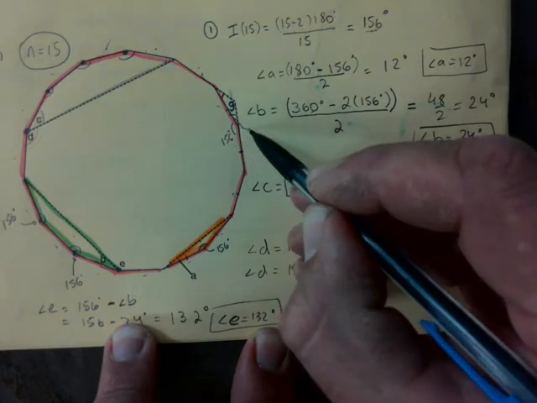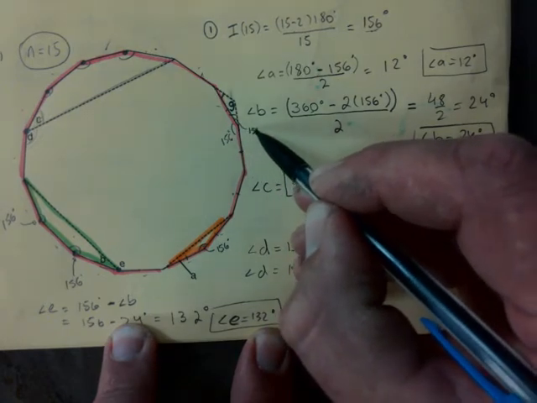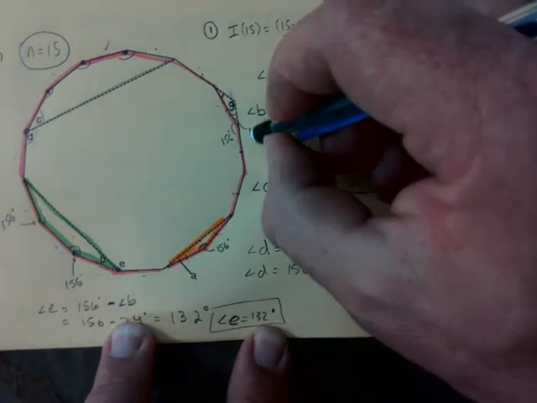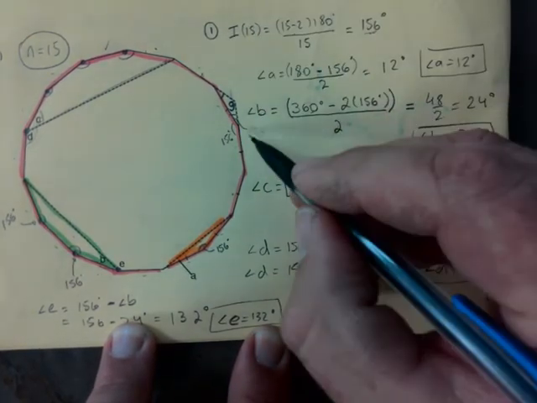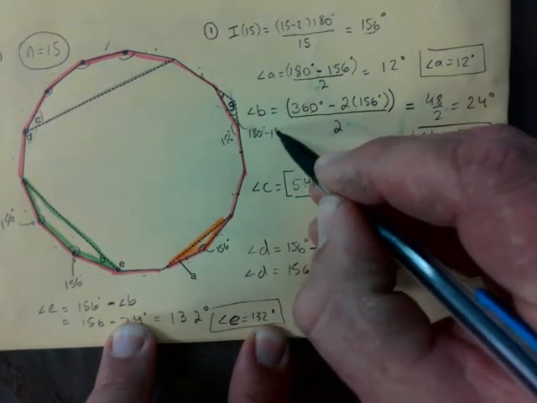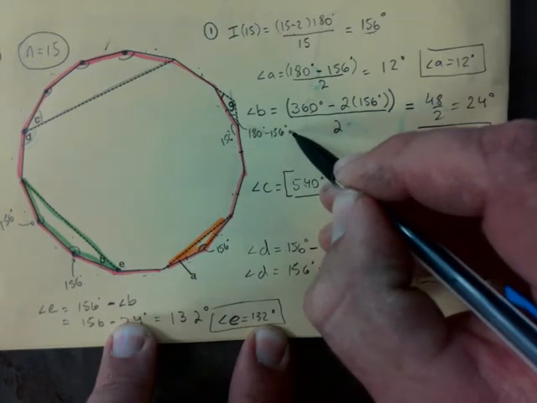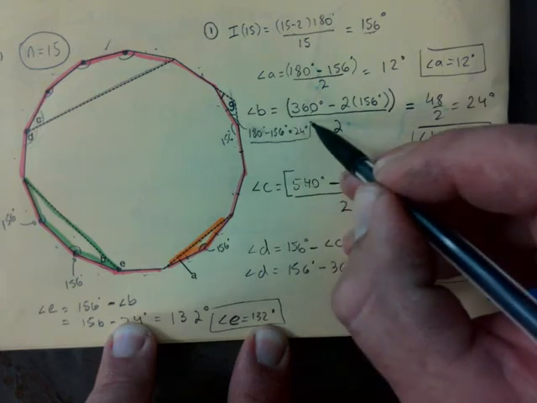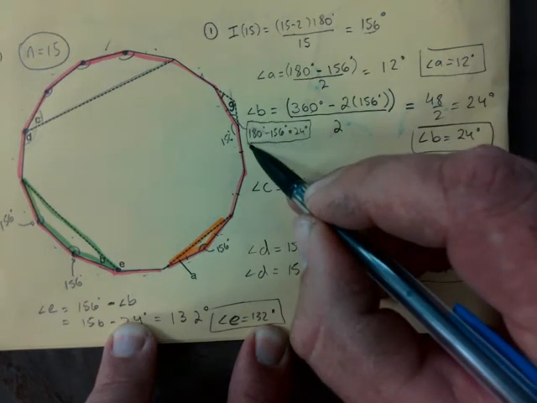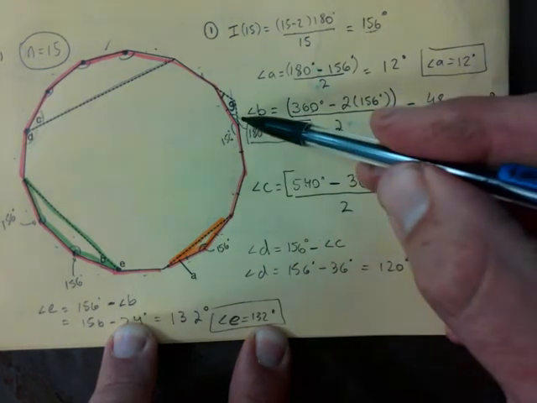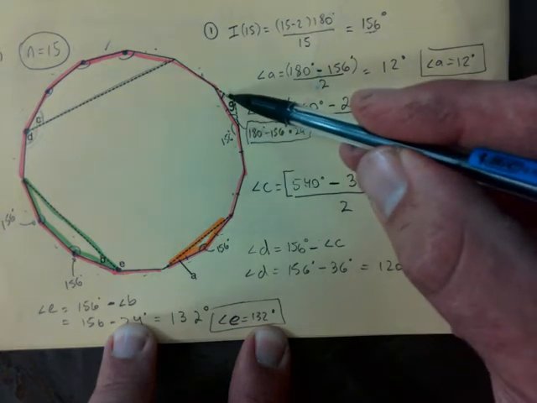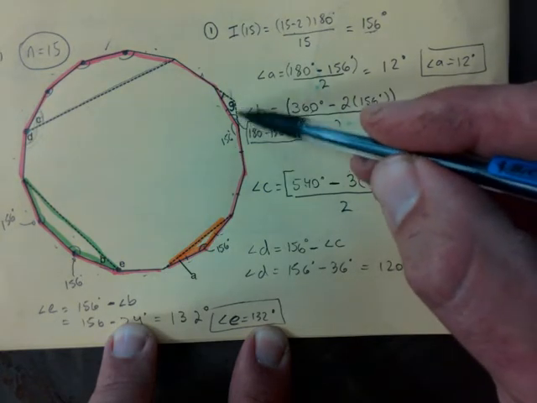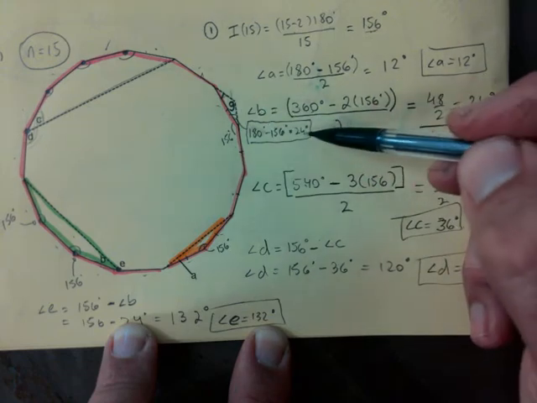So to get this, I'm just going to go 180 minus 156, I get 24 degrees. This I would just box in to make sure you don't mix that up. So this is 24 and that is 24. Both of these exterior angles are 24.